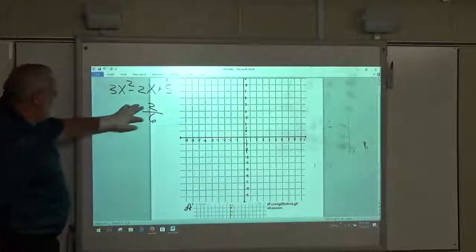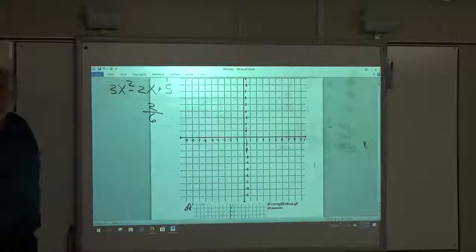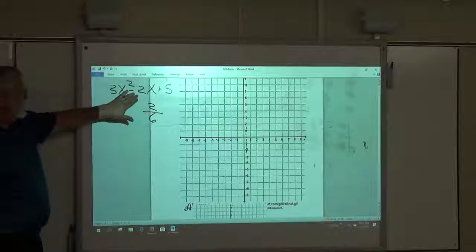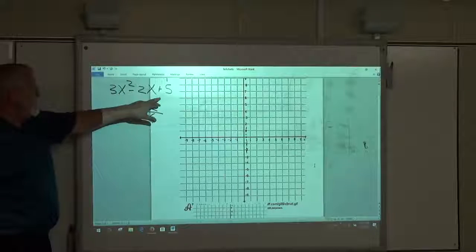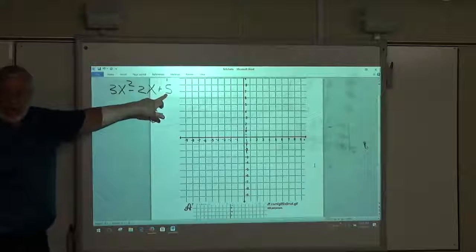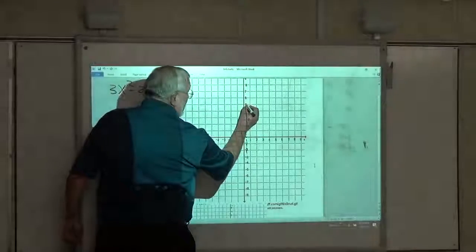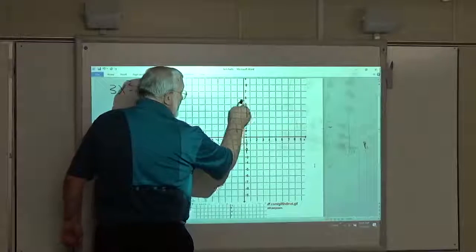Now, if I put 1/3 into here, I can find out what the y value is. And this would be 1/9, so that's 1/3, and that is minus 2/3. 1/3 minus 2/3, negative 1/3, and that's plus 5. So 14/3 would be up here, just a little bit below that.